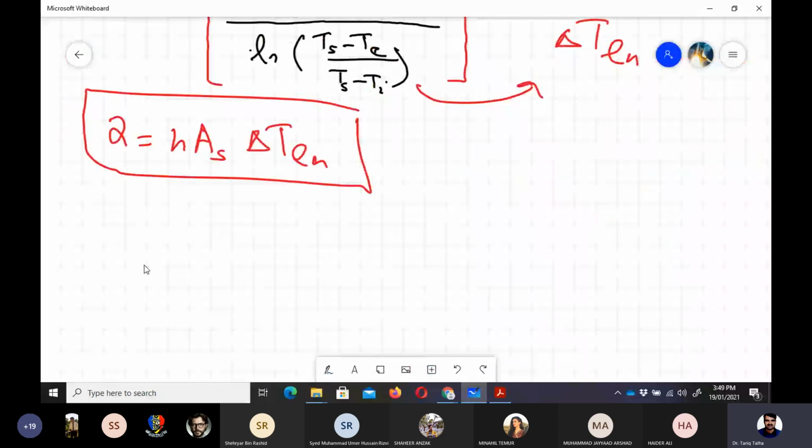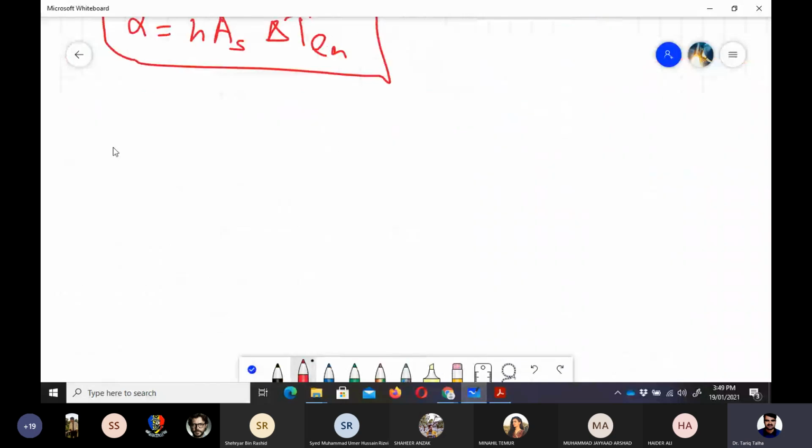Because if you see NTU, there is HAS upon m dot Cp.